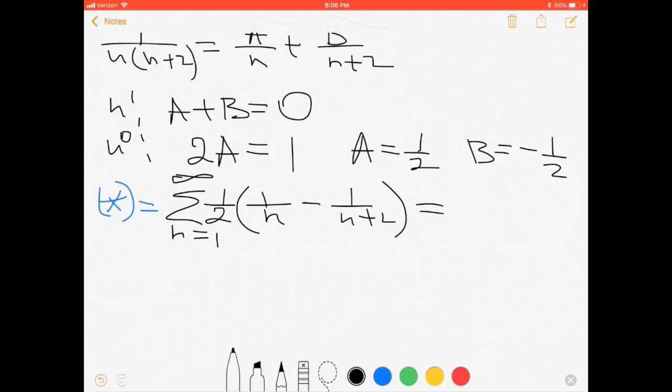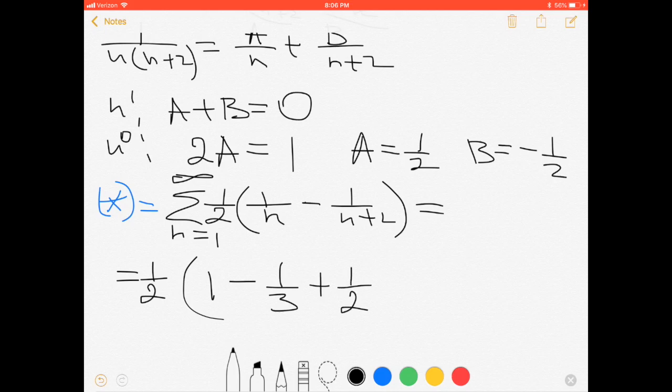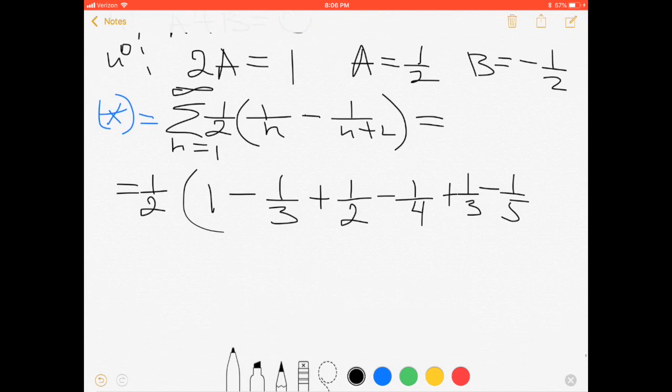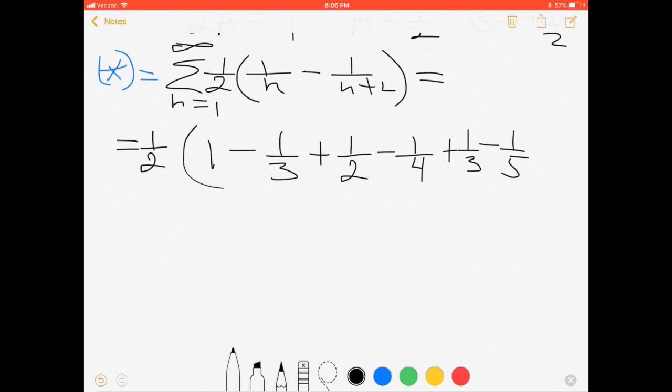Because 1/2 is for each term, this means we can write 1/2 and this we have 1 minus 1/3, plus 1/2 minus 1/4, plus 1/3 minus 1/5, plus 1/4 minus 1/6, and then continue.